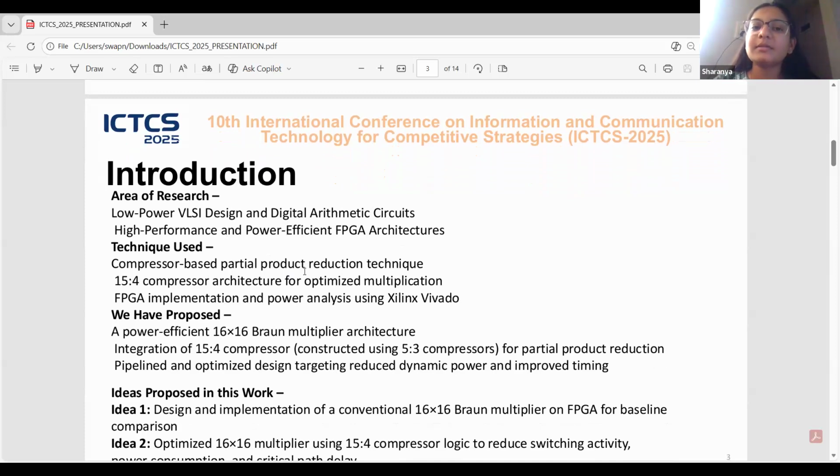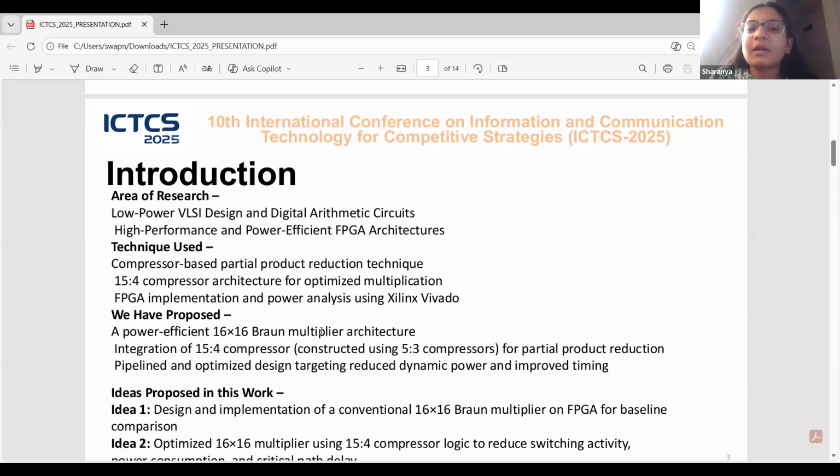Basically, the compressor is how the classical, traditional multipliers differ after adding this compressor module.